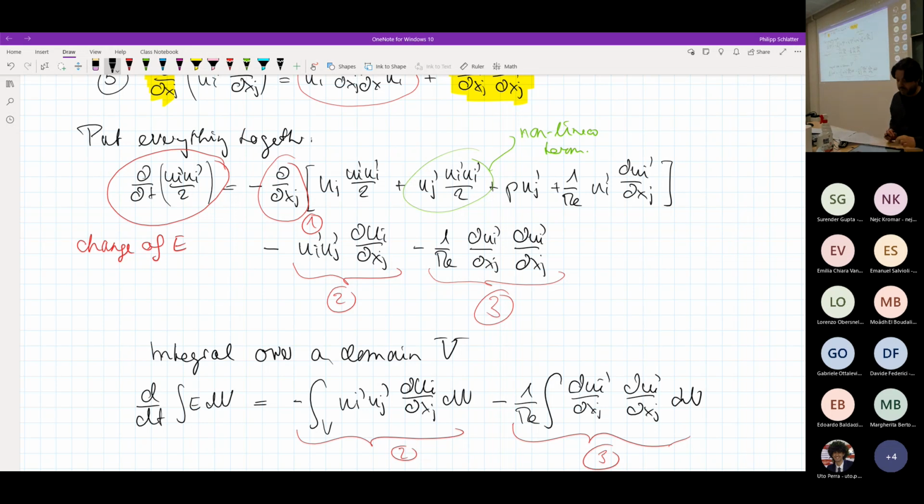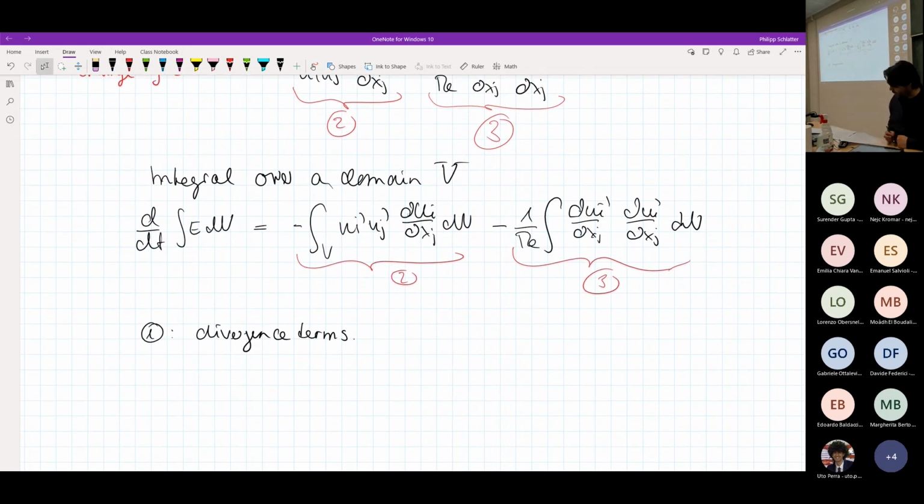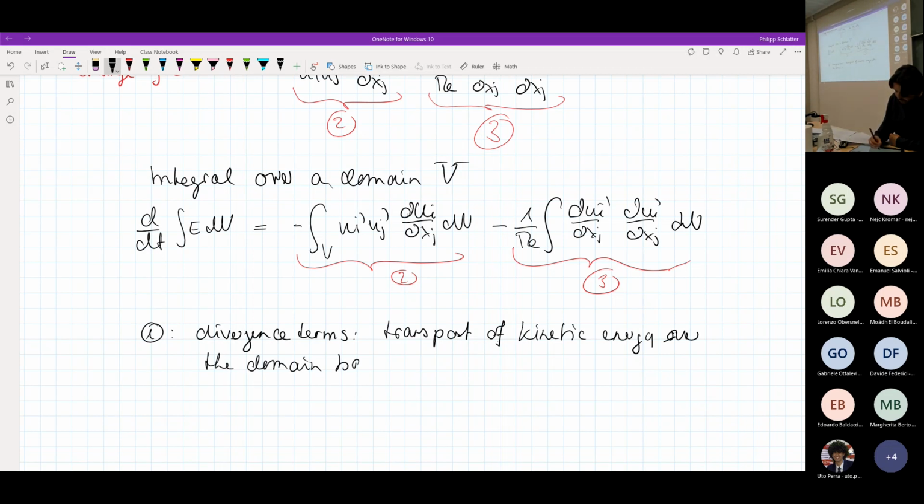So that means for the divergence terms, the physical mechanism of those is the transport of kinetic energy over the domain boundaries.